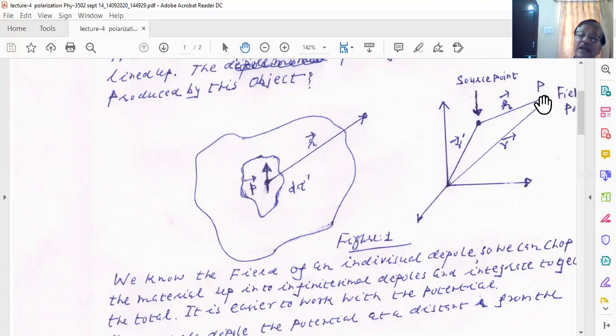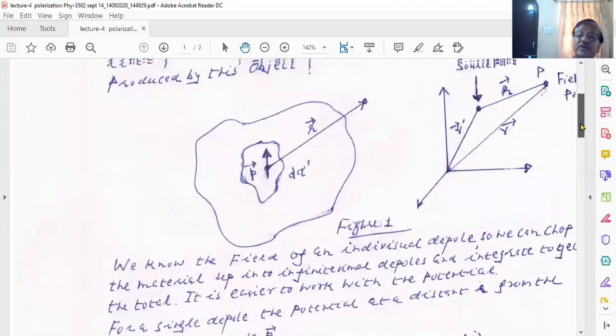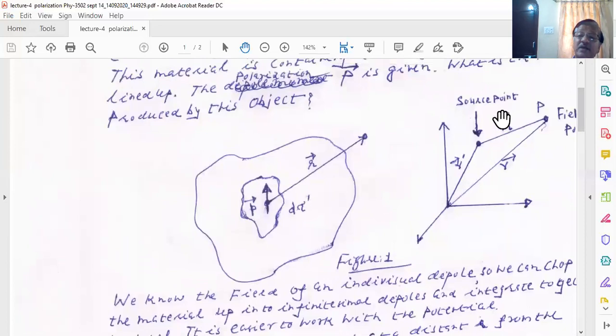So we write V at r is equal to, so please note down this expression, 1 upon 4 pi epsilon 0, p dot r hat, divided by r square, where r hat is the unit vector in the direction of vector r. So please note the notation which we are using: this vector r, and there is a unit vector in the direction of this vector r.